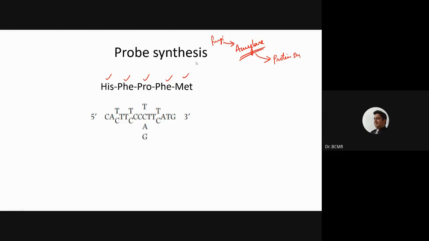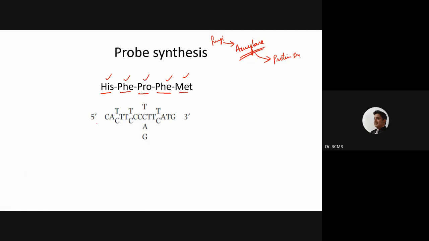Then what can I do? I can synthesize a probe based on that. How should the probe be? It should be CA, T or C. I will try to write a little bit larger so that you will be able to understand it better.